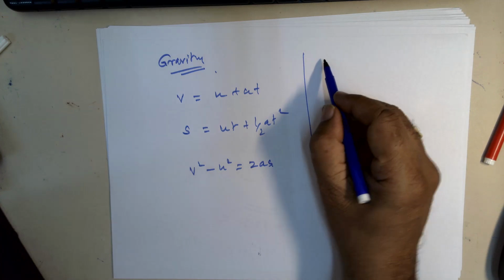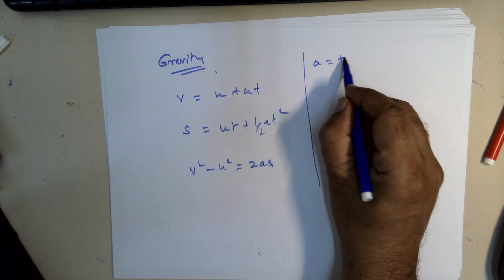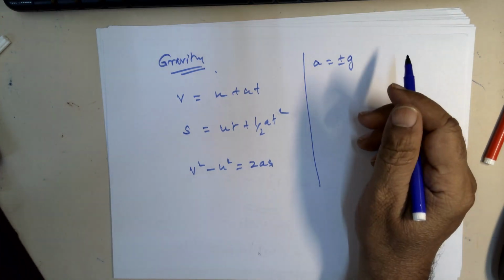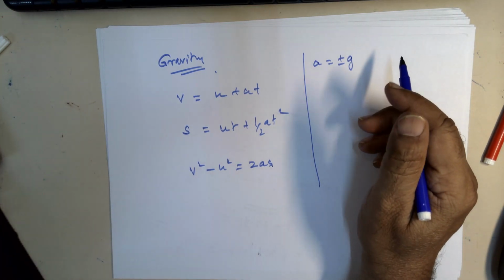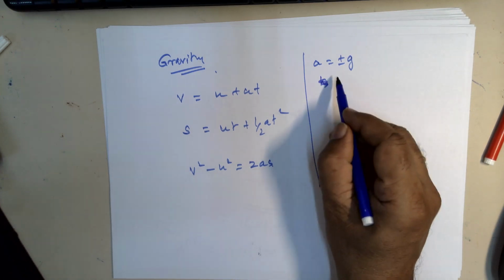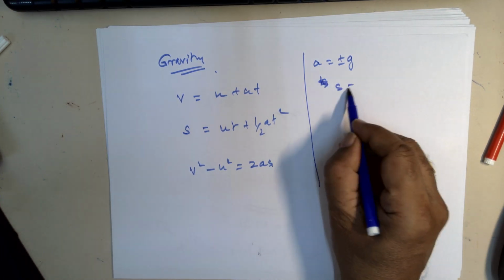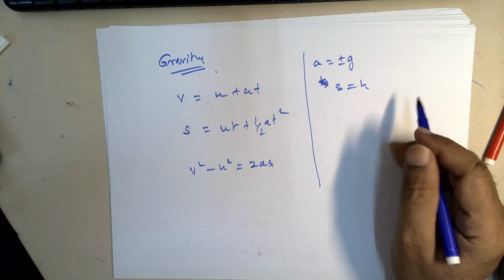Now we can replace this a by g, plus or minus g, based on the ascending or descending bodies. And s is replaced by h, that is the height factor.